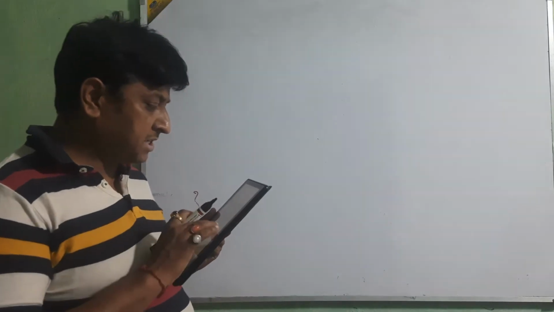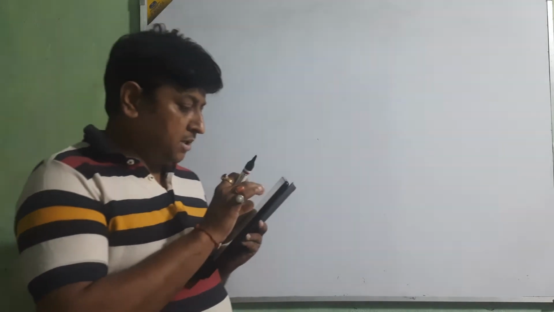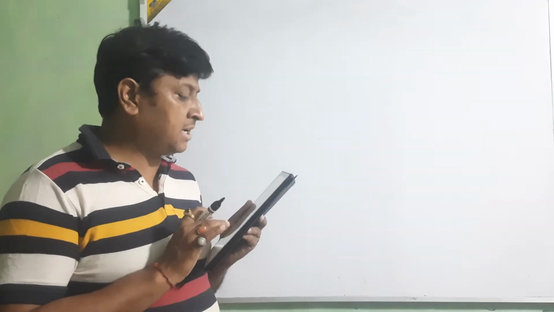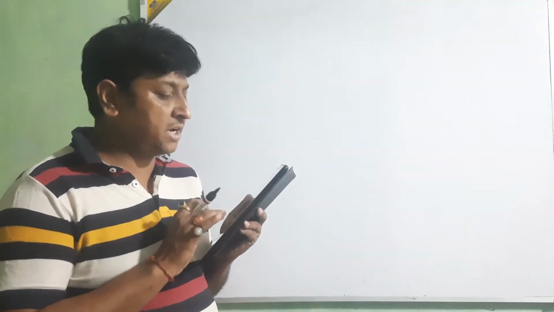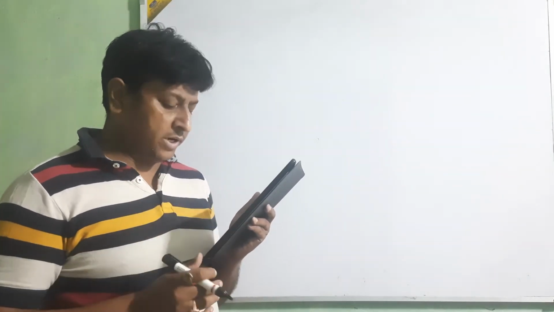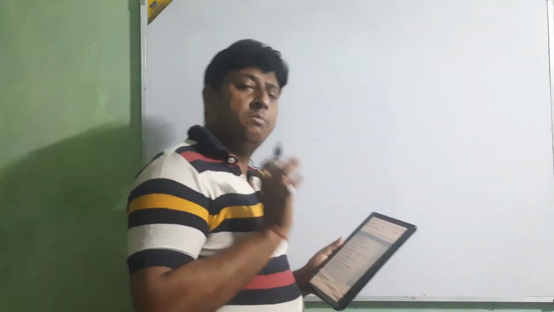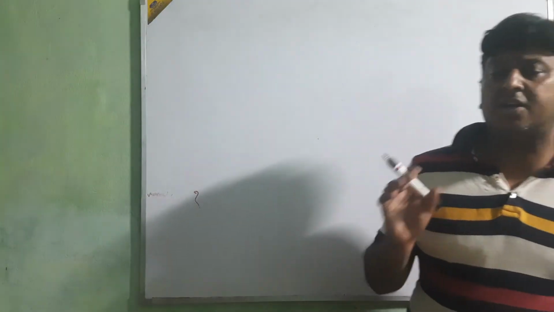Now question number 21. For the following receipts and payment account of the club for the year ended 31st March 19, prepare the income and expenditure account for the year ended. Only we are going to make the income and expenditure account. Here we are not going to make any type of opening balance sheet or closing balance sheet.